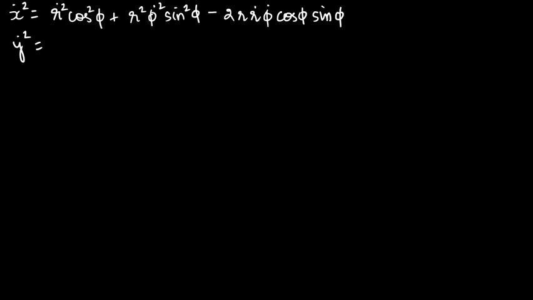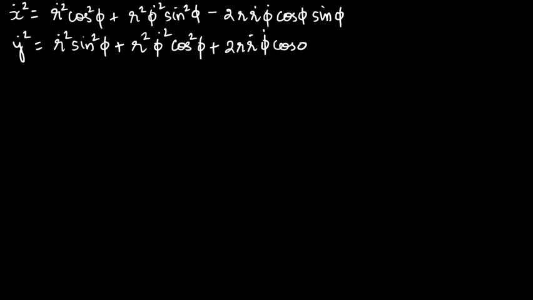Similarly, your y dot square will be, and z dot square will be a square r dot square. So when you add this x dot square, y dot square, and z dot square, you can see that these two terms cancel each other. And here you have cos square phi and sin square phi, which will add up and give you 1. Similarly, this term will also give you 1.